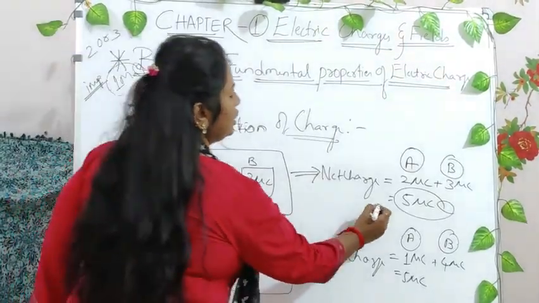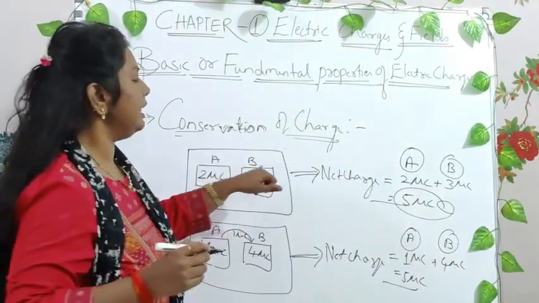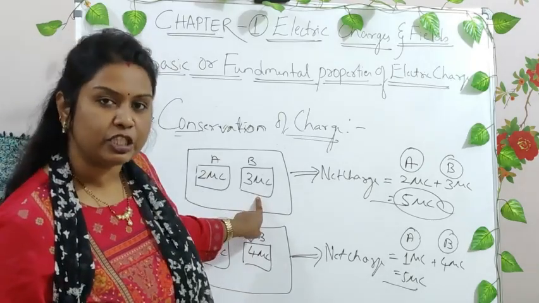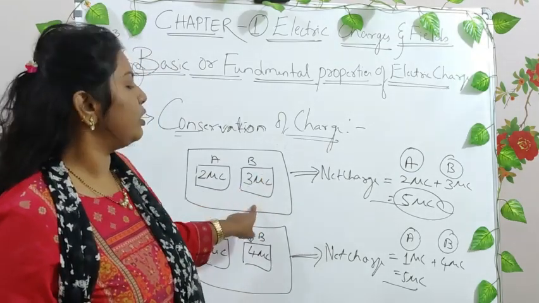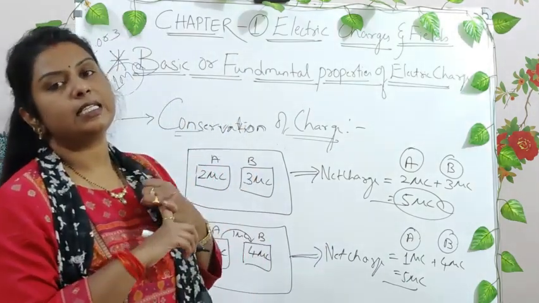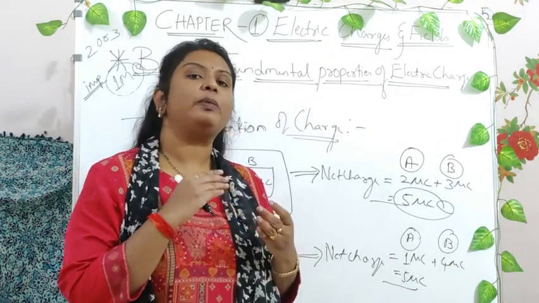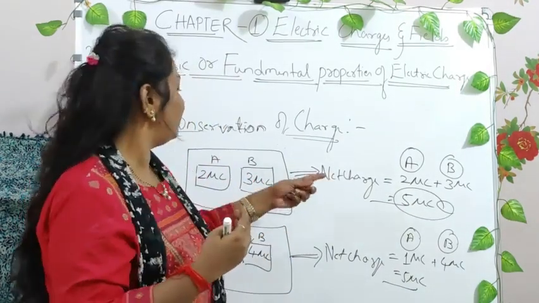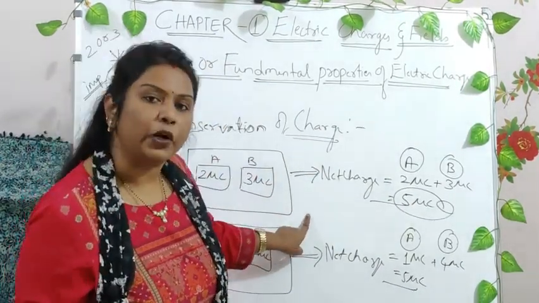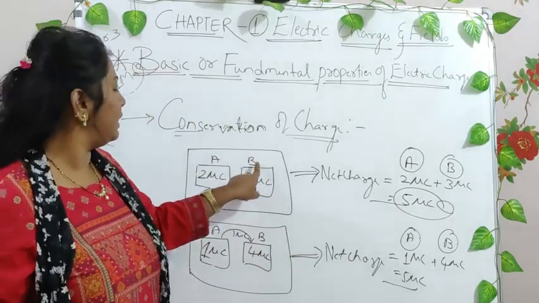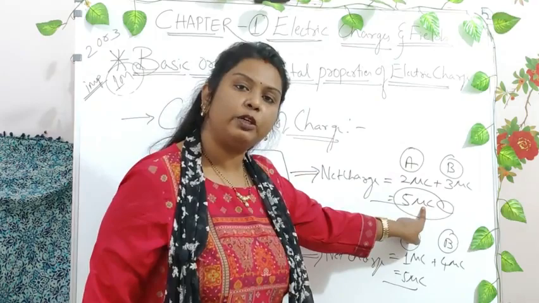The net charge remains the same with any transfer of charges that takes place internally in the isolated system. This process conveys that charges can neither be created nor destroyed. They can be transferred from one system to another within an isolated body. In the previous case, when A had 2 and B had 3, the net charge was 5 microcoulomb.